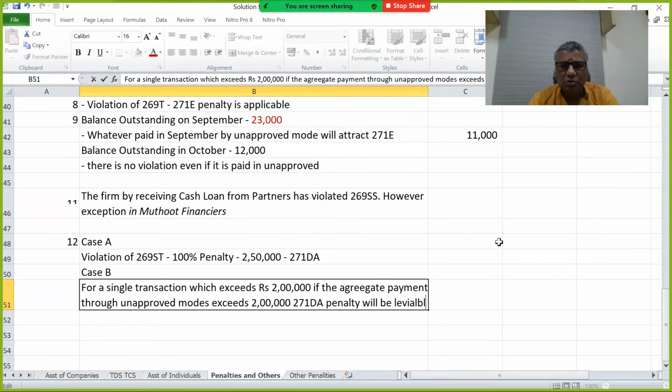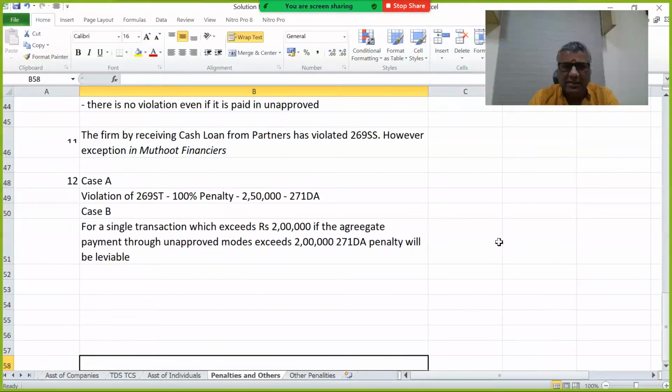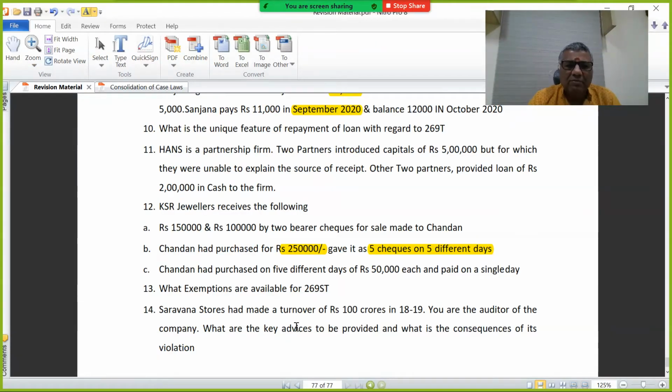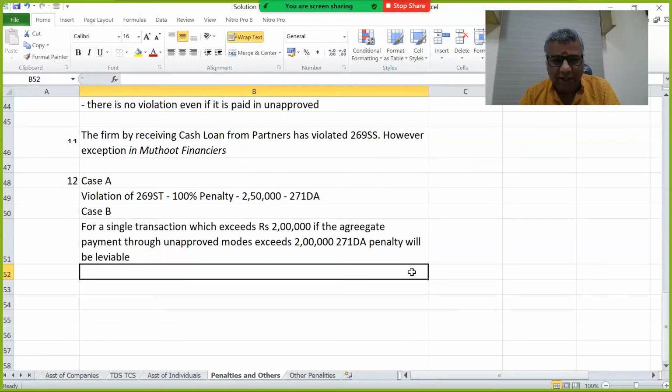There is no doubt, penalty will be leviable in this case also. Staggered payments will also be covered. Chandan had purchased on 5 different dates, 50,000 each, and paid on a single day: violation.